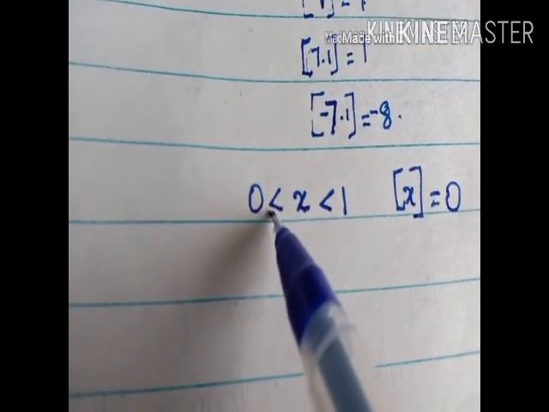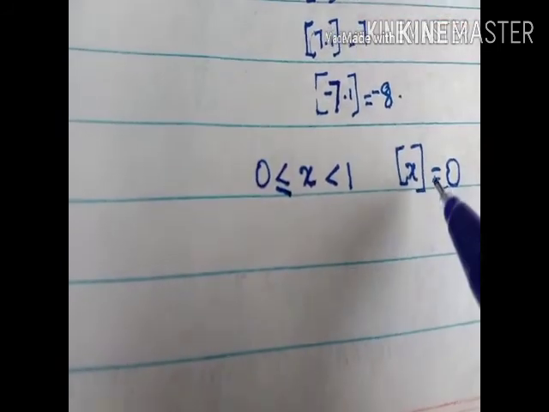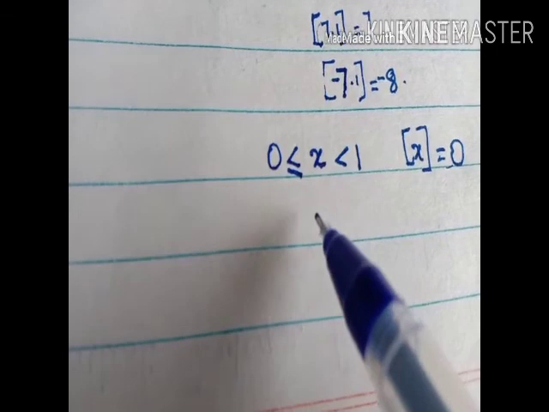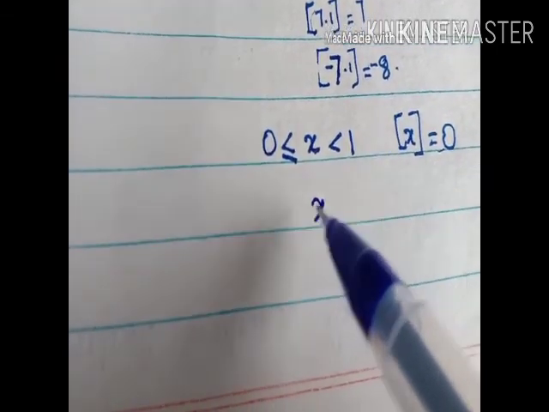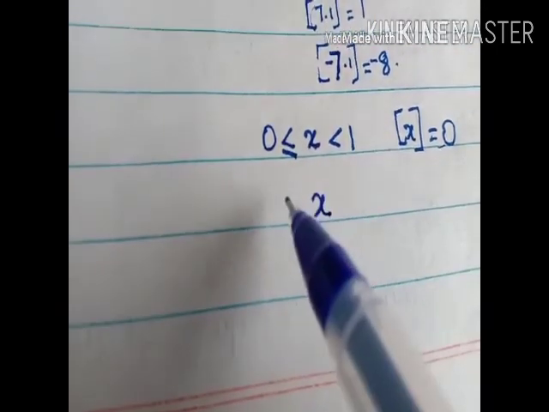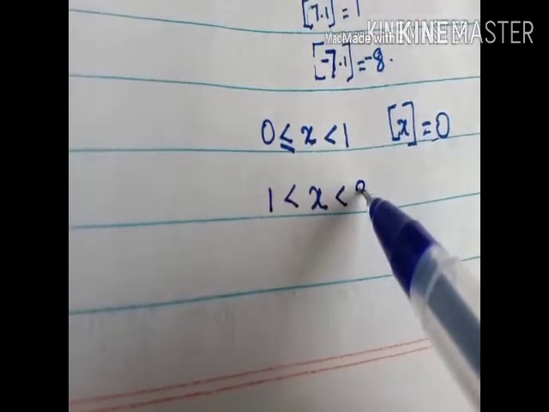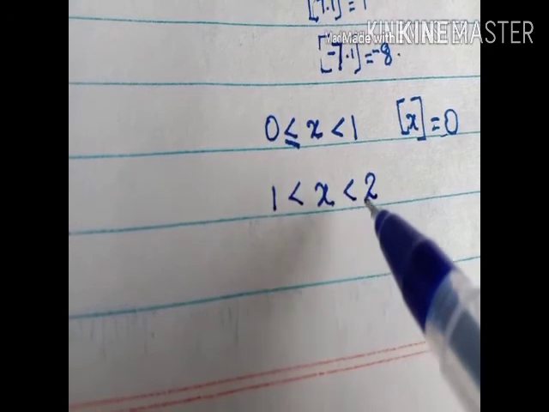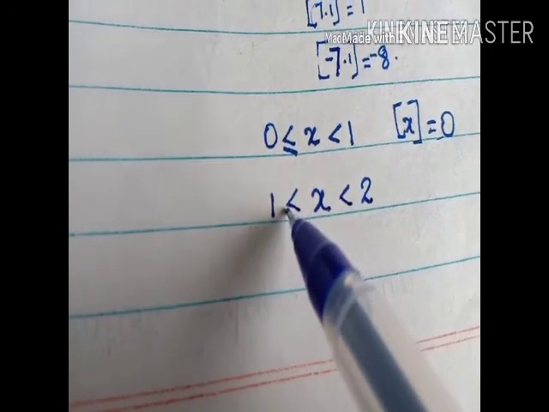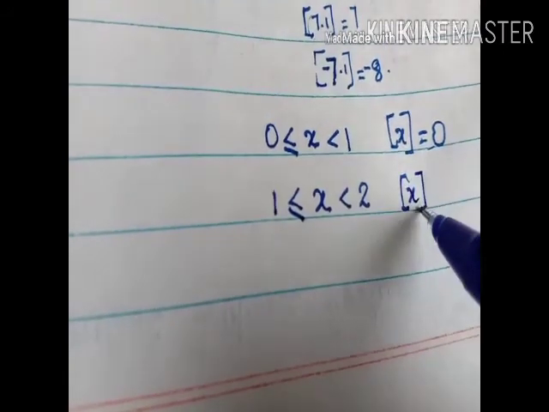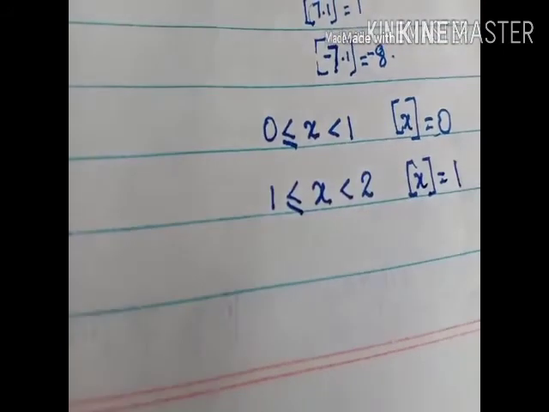If you take the value of x as 1 point something, suppose 1.1, 1.2, 1.3, 1.999, and also if x equal to 1, then the greatest integer function of x is equal to 1.